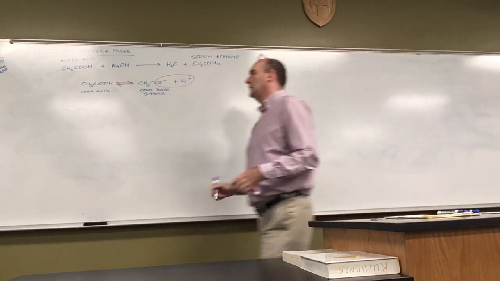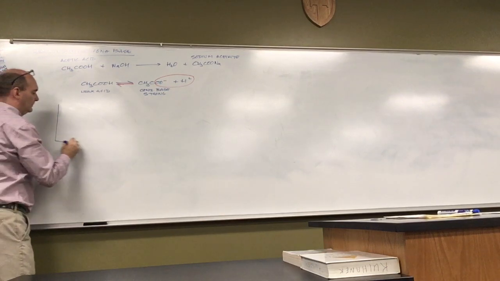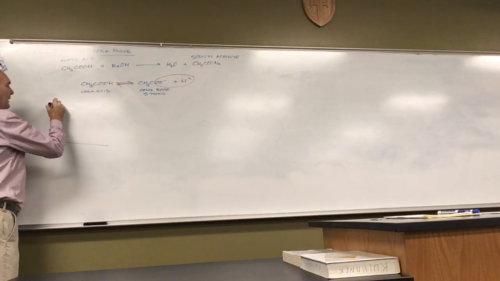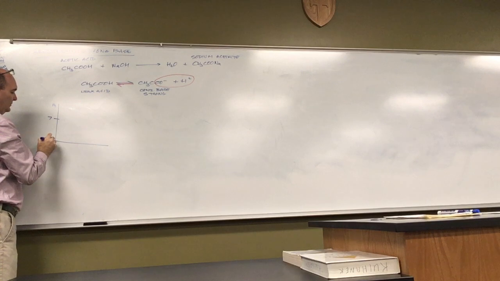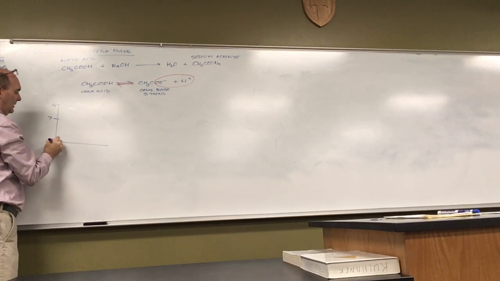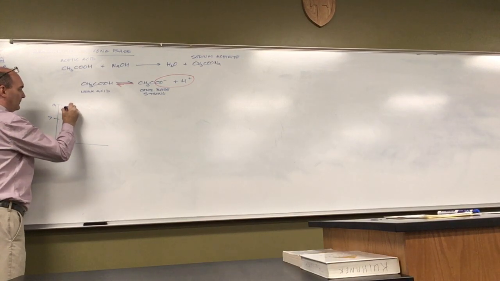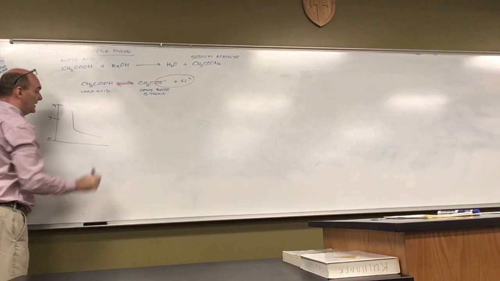So what we end up with, if we did our titration the way that we had done previously, and we added base, there's 14, here's 7, and here's 0, is this.